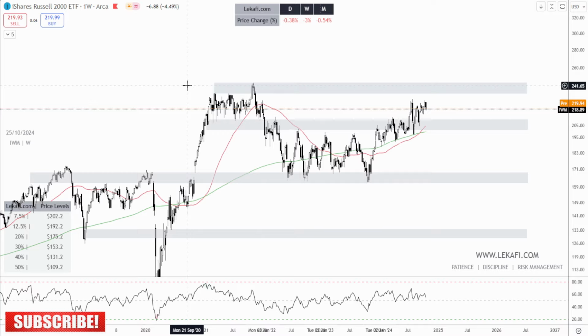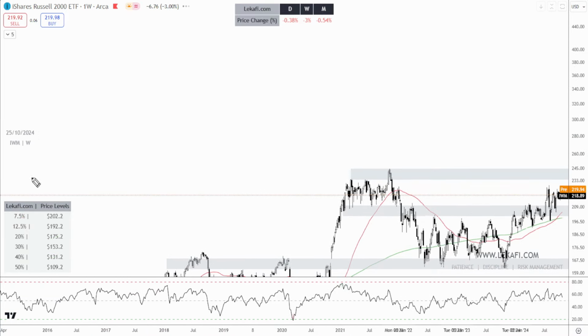As you guys can see here, I have an indicator that I built myself that gives me the price for whatever percent discount from the current stock price. If the stock drops 7.5%, that's where my strike price has to be, 202, for me to be safe.